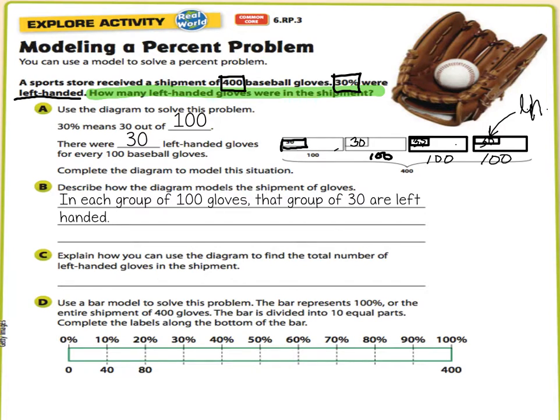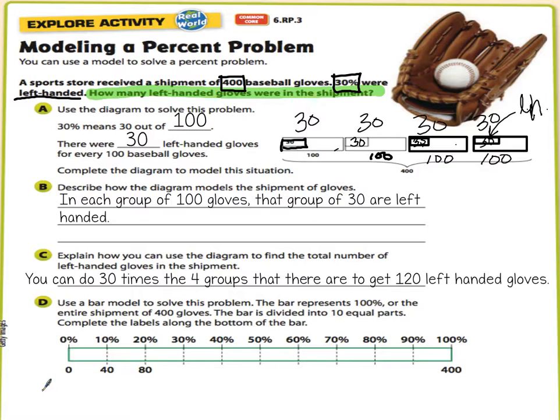How can we use the diagram to find the total number of left-handed gloves in the shipment? I can take the 30 from each of these groups and multiply it by the 4 groups. 30 times 4 gives 120 left-handed gloves.